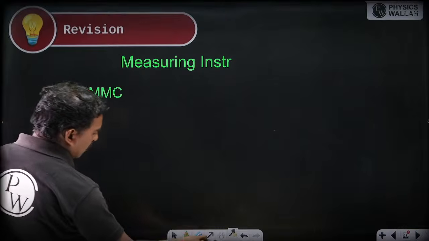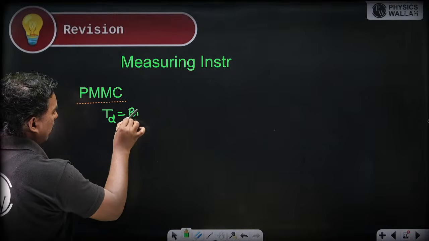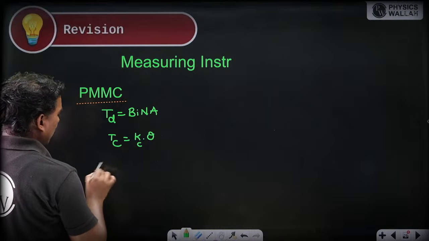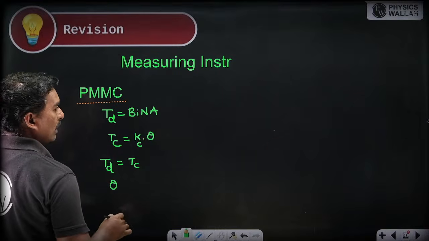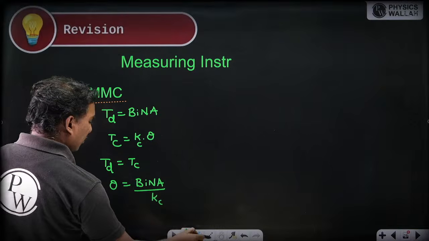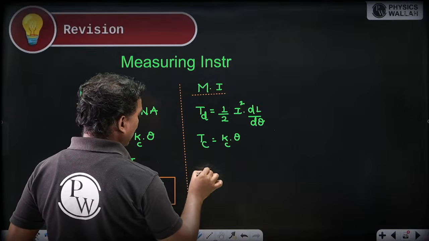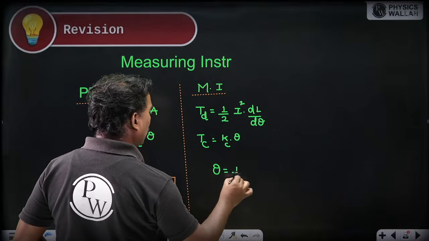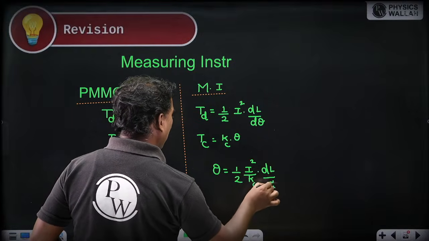In PMMC you have to remember the deflection torque formula, B I N A, and the controlling torque formula, Kc theta. At steady state Td is equal to Tc. So B I N A is equal to Kc theta, so theta is equal to B I N A by Kc. And theta is equal to 1 by 2 I square by Kc into dL by d theta.